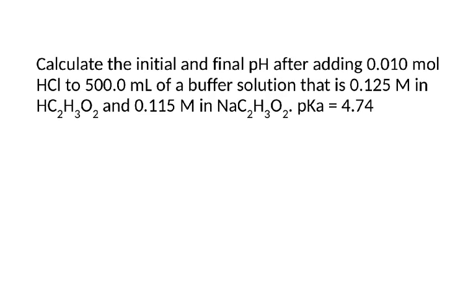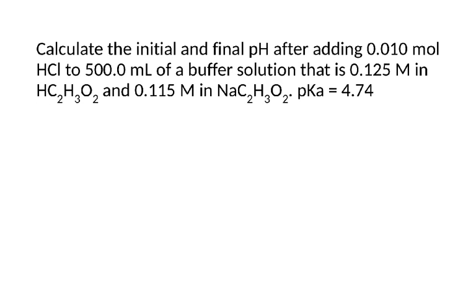Okay, so calculate the initial and final pH after adding 0.010 moles of hydrochloric acid to 500 milliliters of a buffer solution that is 0.125 molar in acetic acid and 0.115 molar in sodium acetate, pKa 4.74, so we have that extra digit there. So go ahead and pause the video and work this through.